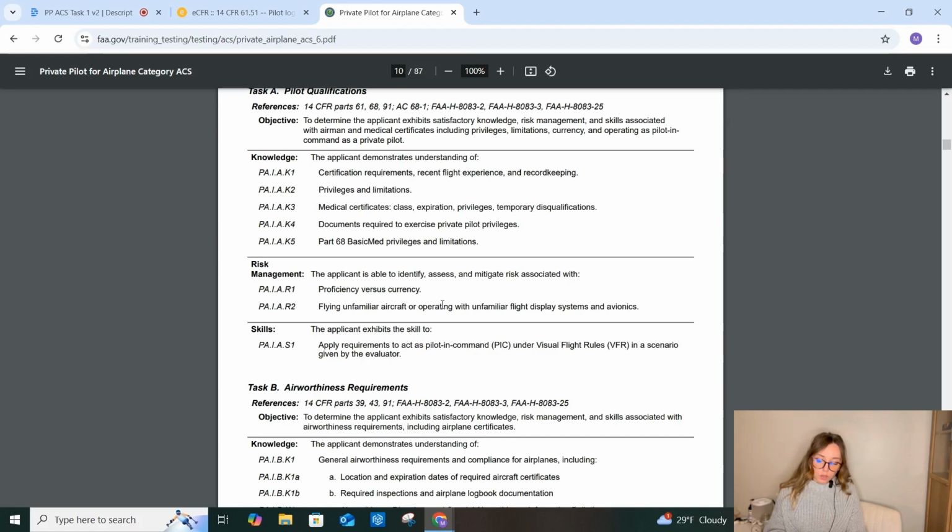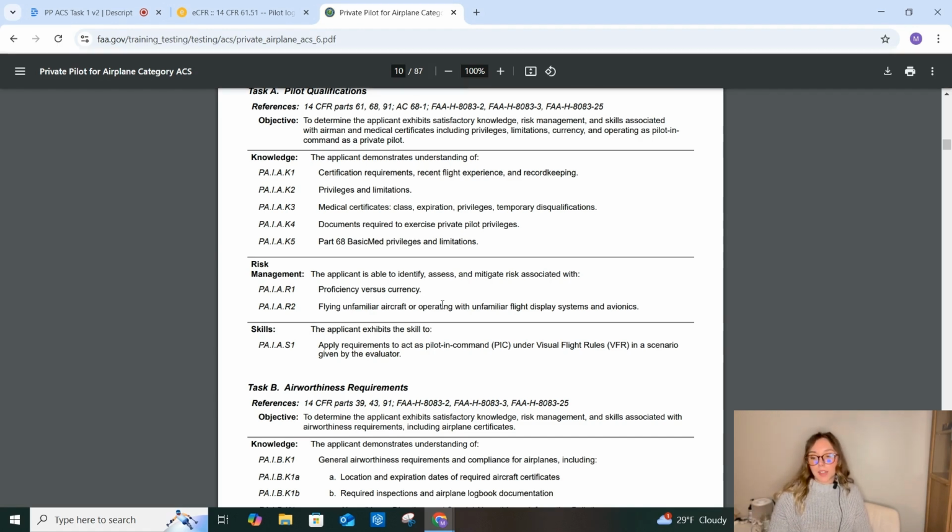So one is that the plane that you're flying can only have 6 seats in it, 6 occupants. When you subtract yourself, that means that you can carry 5 passengers. The airplane also needs to have a max weight of 600 pounds, and you can only fly 250 knots below 18,000 MSL, and you can't fly for comp or higher.